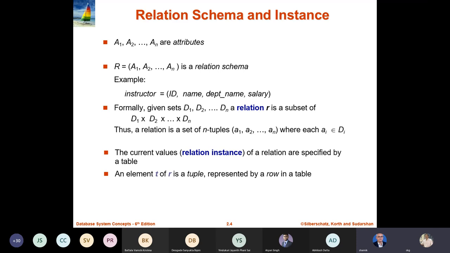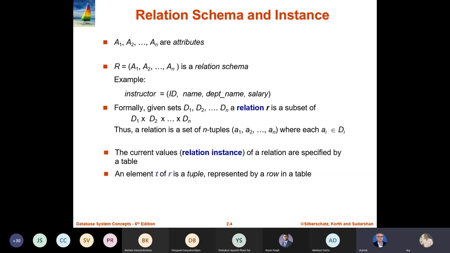There can be a schema called student, which again has ID, which represents student ID, student name, maybe the department where he or she belongs to, and maybe some other things like which program is enrolled, right? It can be BTech, Dual, MTech, PhD, MS, and things like that, right? So there can be different types of attributes.